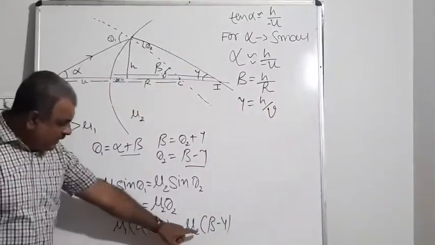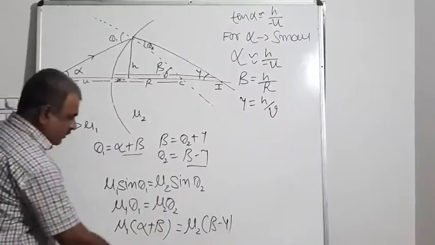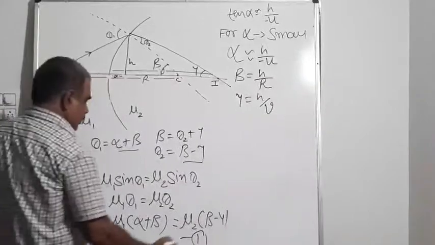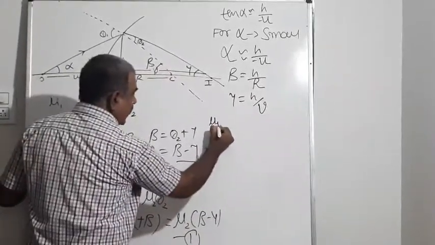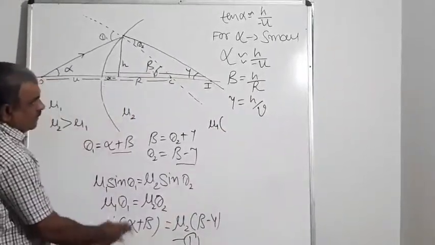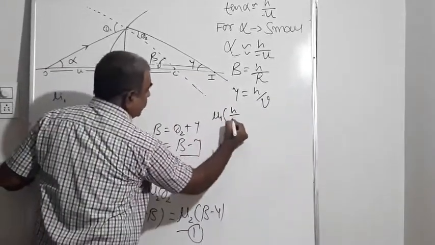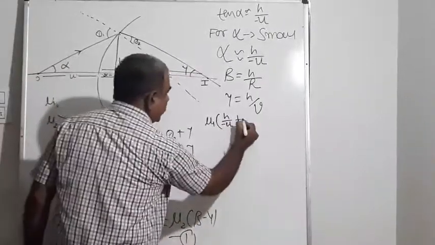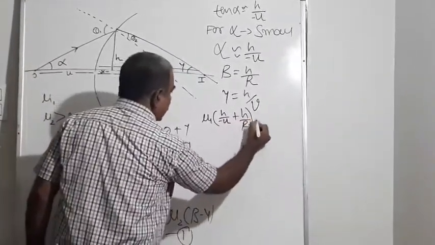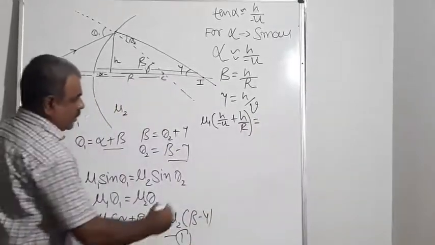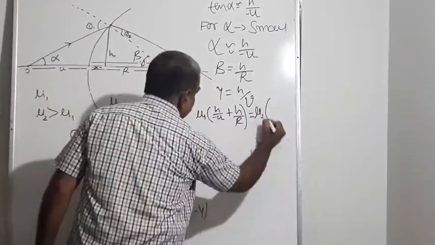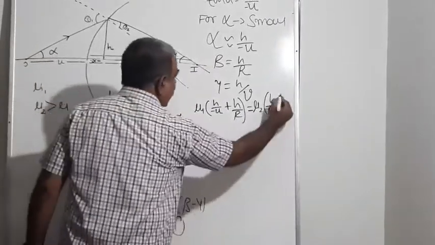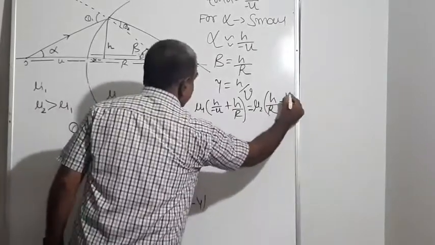Now this alpha, beta, gamma we can substitute over here in equation number 1. So what do we have? Mu 1 inside the bracket alpha. Alpha I can replace with h by minus u. Same way, beta I can replace with h by r, is equal to mu 2 times beta, that is h by r, minus gamma, which is h by v.